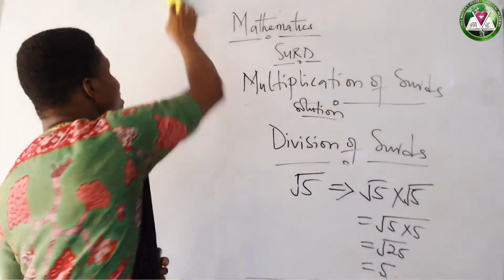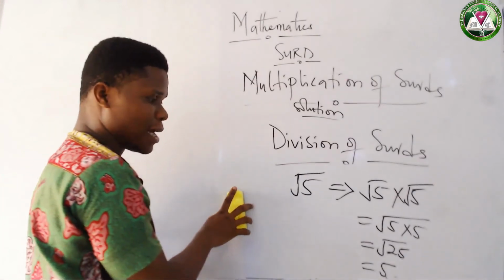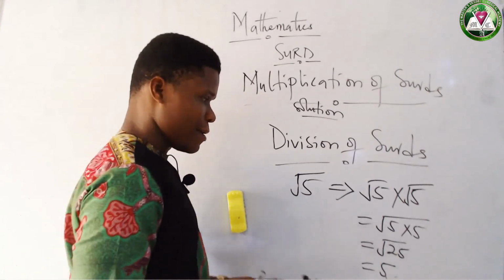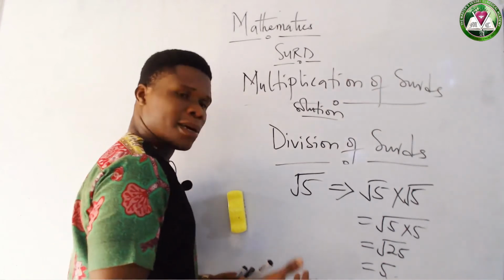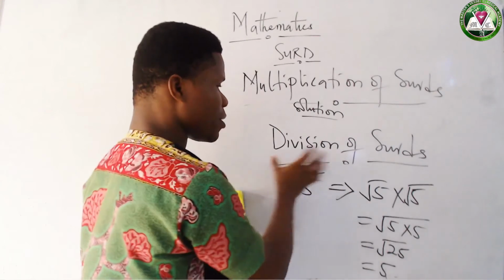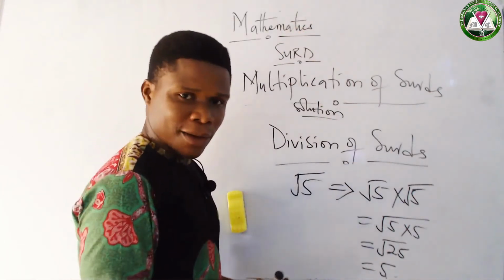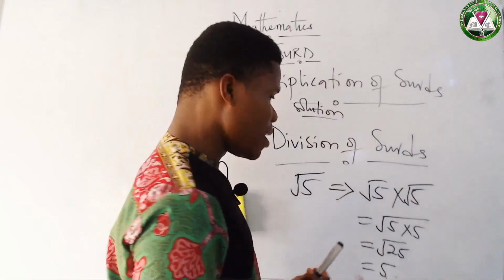Now, in rationalization, I also want to quickly say that when we rationalize, we don't just multiply. We multiply both the numerator and denominator. You know, division has to do with the numerator. There must be one up, there must be one down. The one down is denominator, the one up is the numerator.